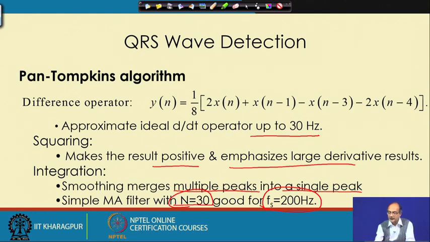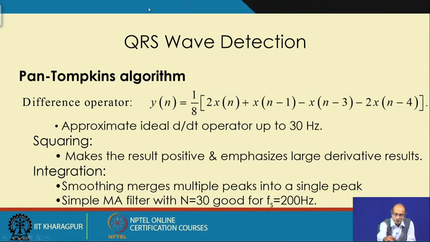The only way we can think of is that they empirically came across this number. If we think in terms of an integer filter, we should have chosen 32 instead of 30.